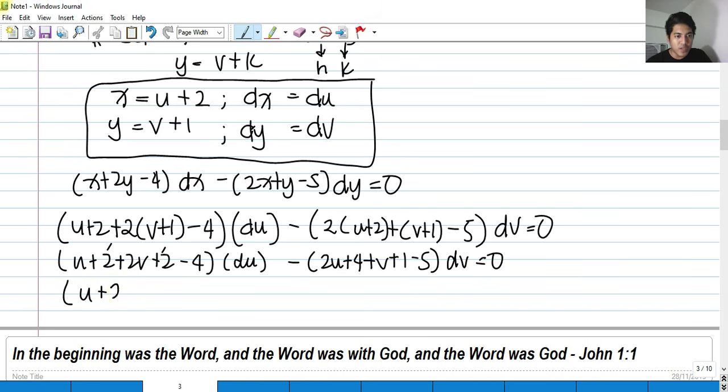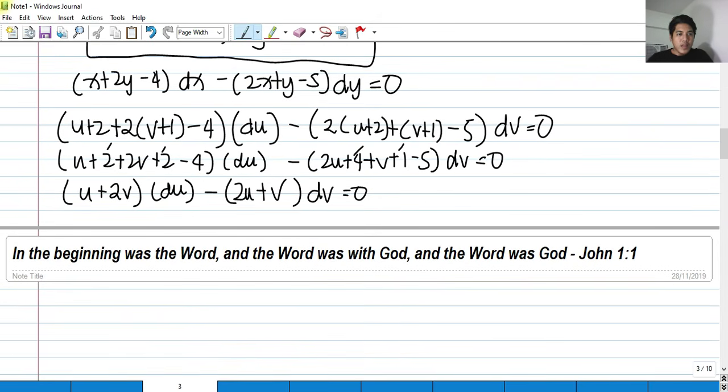So we are left with (u plus 2v) multiplied by du, minus (2u plus v), and we have 4 plus 1 is 5, minus 5 is simply 0, so we have dv is equal to 0.